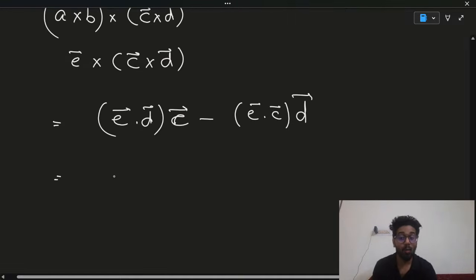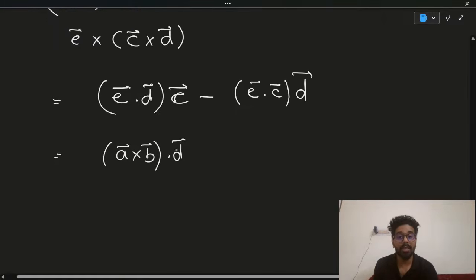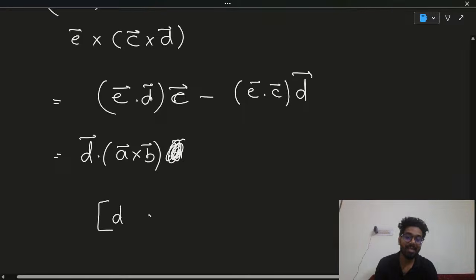Now remember, what is exactly this? This is A cross B into D vector. Or you can write this as A dot B is B dot A, so you can also write this as D dot E. So this will be DAB, scalar triple product and vector triple product together.